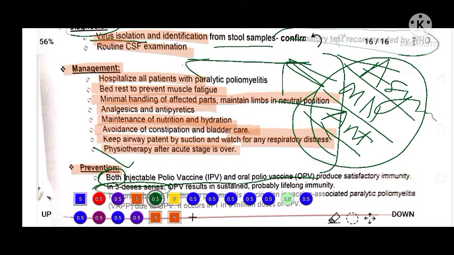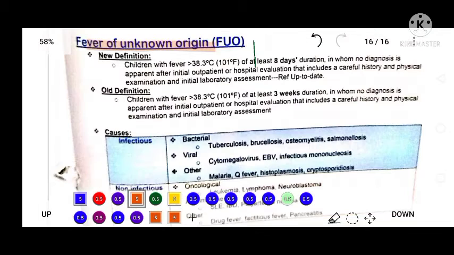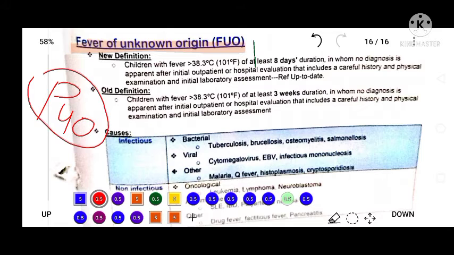Fever of unknown origin is also known as pyrexia of unknown origin. So it is fever which has no definitive cause, in children with fever greater than 38 centigrade and 101 Fahrenheit for at least 8 days duration.